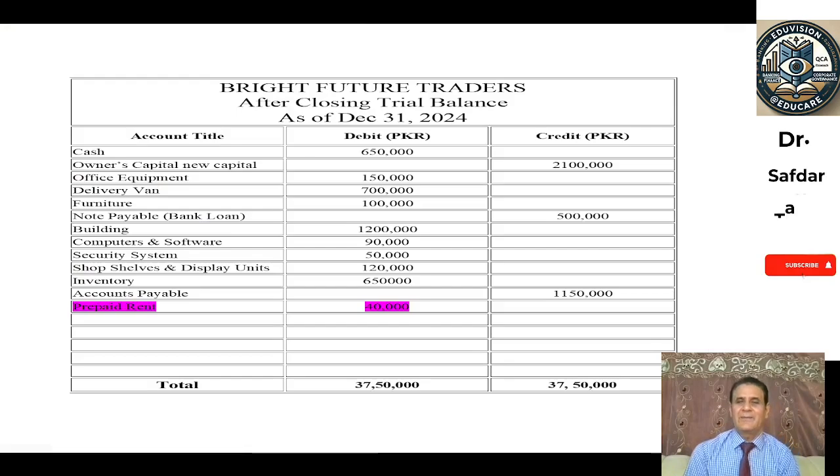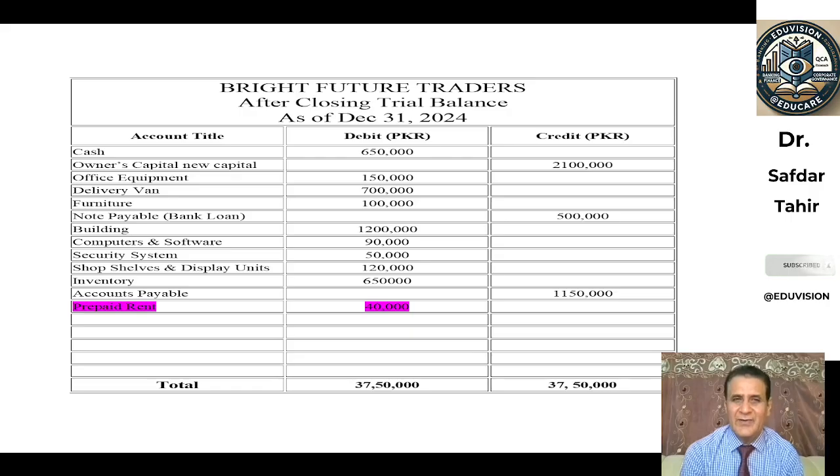After the closing trial balance, you have closed all the expense accounts, all the revenue accounts, and also the old capital. Now it becomes the new capital. At this time, cash is 6,50,000 and the new capital becomes 21 lakh.